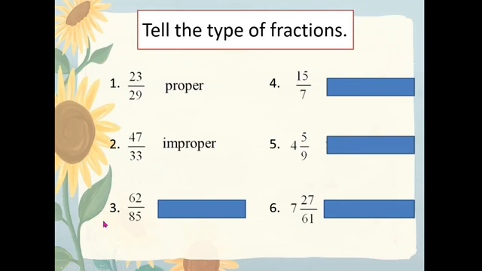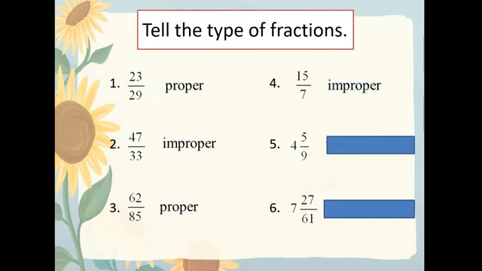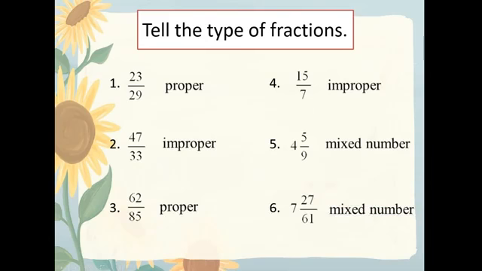Number 3, it is proper fraction. Correct. Number 4 is improper fraction. Number 5, it is mixed number because it is the combination of whole number and a proper fraction. Number 6, it is mixed number.